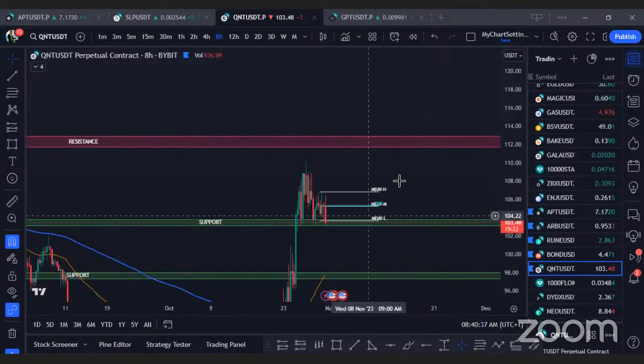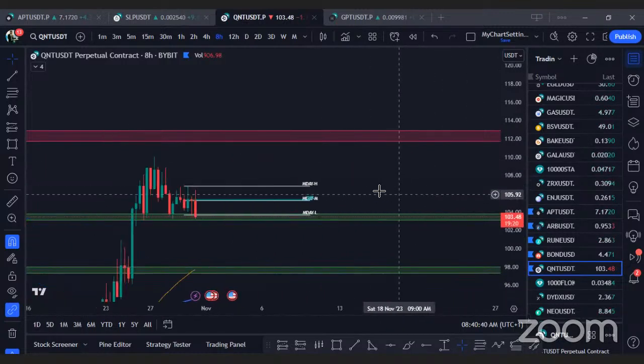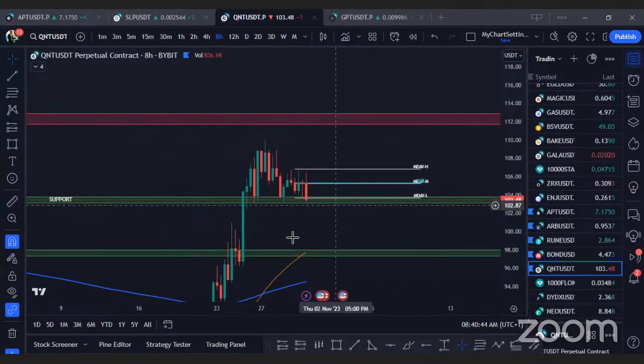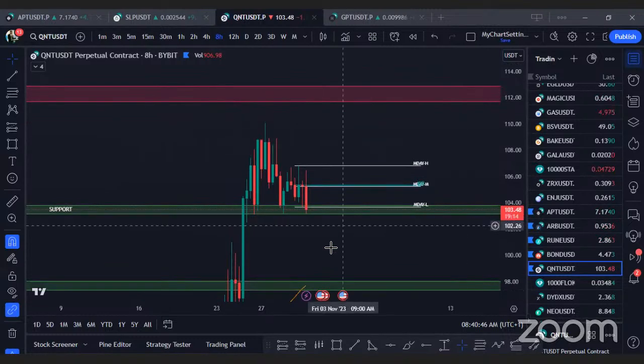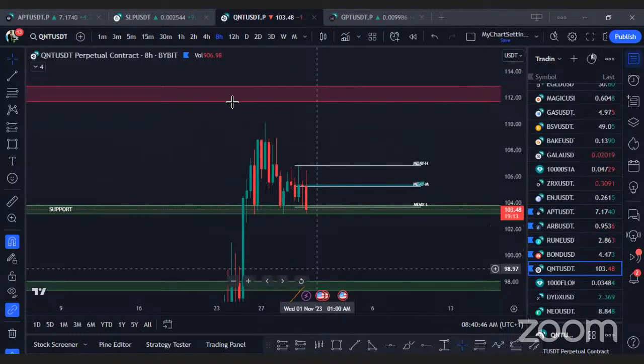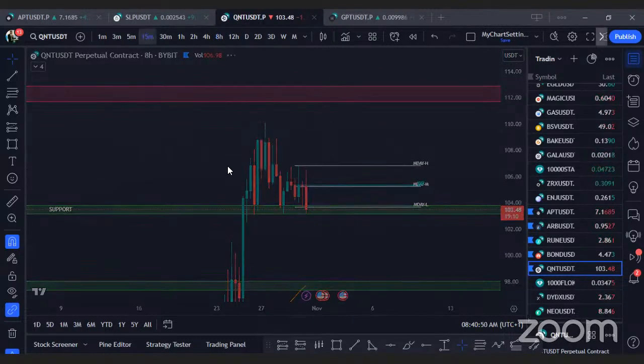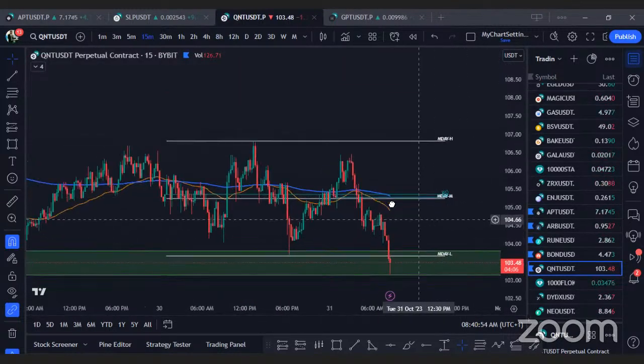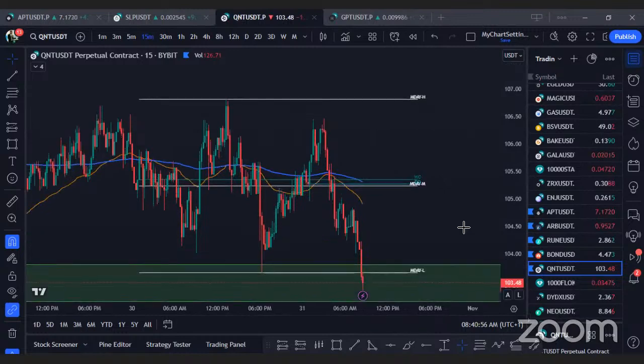For QNT, I think we should be looking for a long setup here, because this could go higher. To do that, we go to the 15 minutes time frame. Let's see how this candle closes in the next 4 minutes.